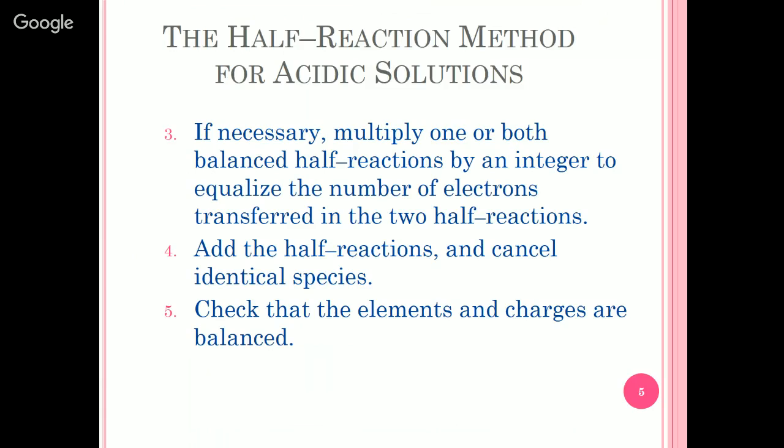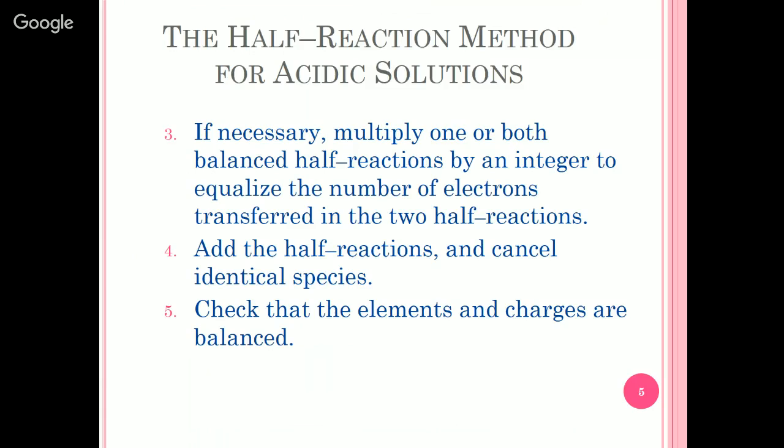Otherwise, the charge is found as a superscript on the top right-hand side of the element, or polyatomic. So we add up all the charges on the reactant side, we add up all the charges on the product side. Whichever one is bigger, we ask ourselves, what do we have to subtract from that side to get them to equal each other? Whatever number you've subtracted, that is the number of electrons that you will add to that side.